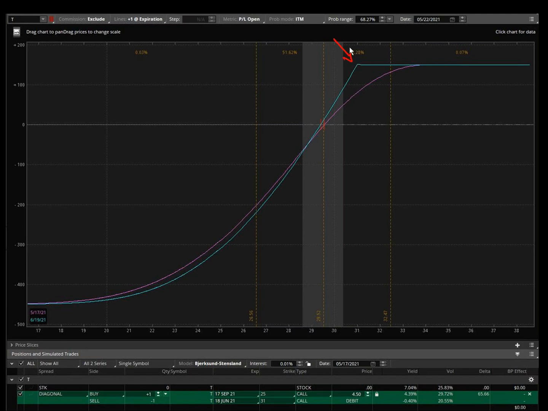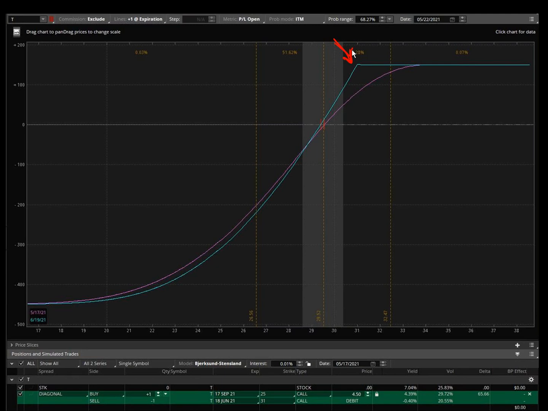Now, your reward is limited though also, right? We want to limit some of our exposure to that volatility, so we sold the call against it. By doing that, we also limit our reward a little bit. That's only during the life of our short call, all right? After that, we own this long call.